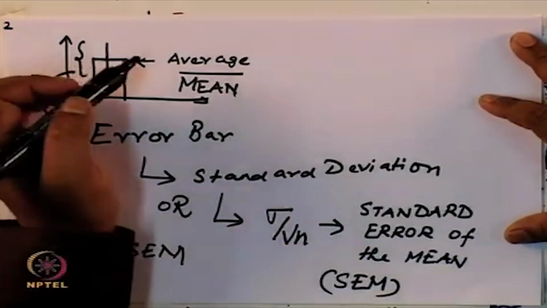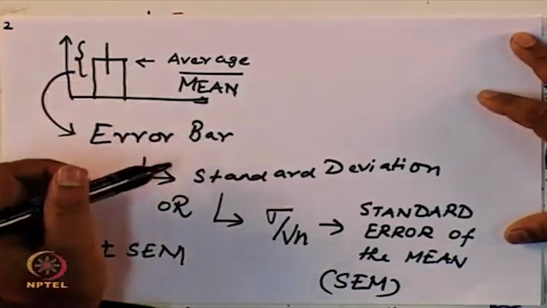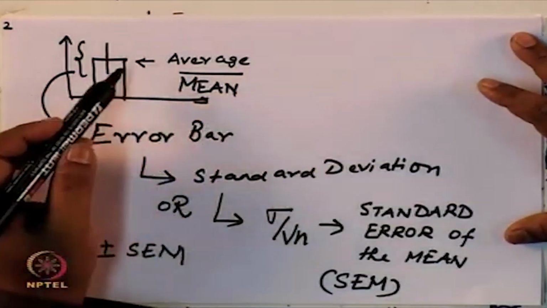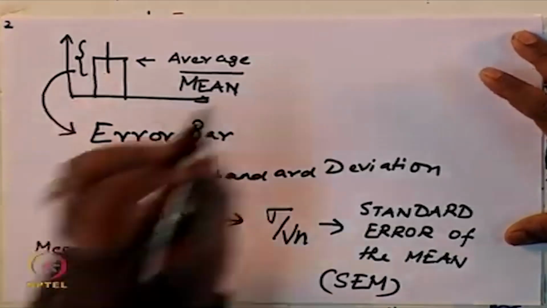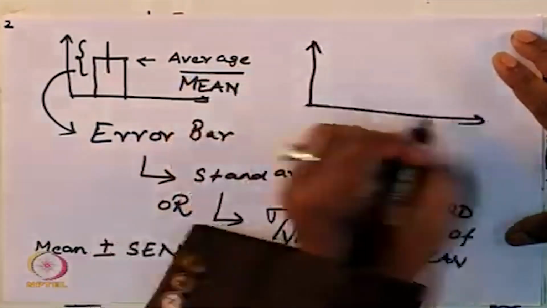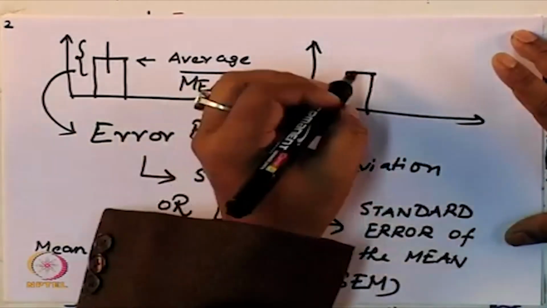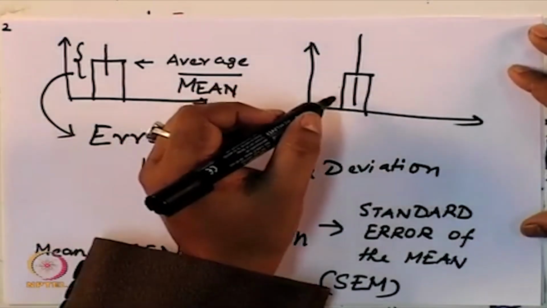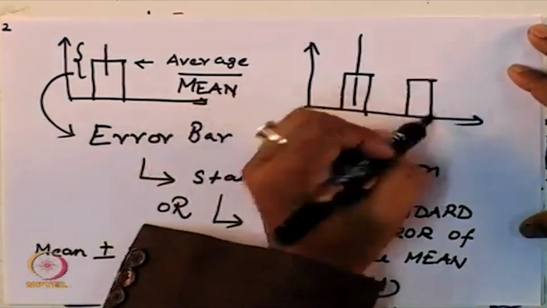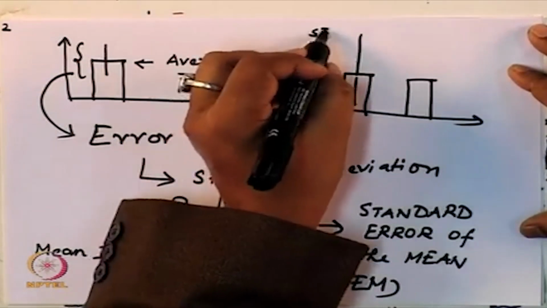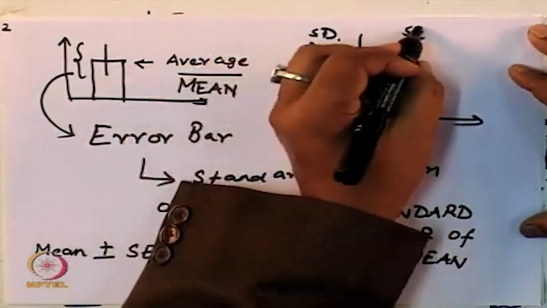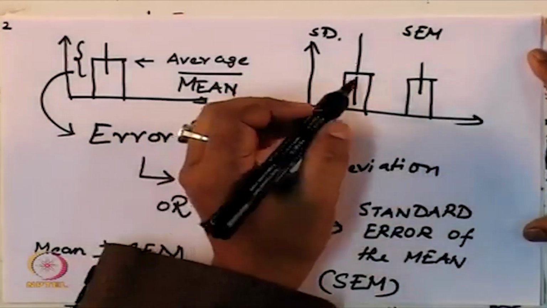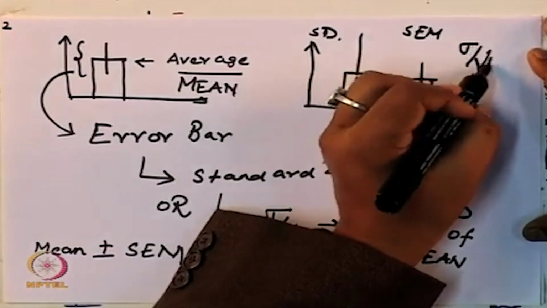If your sample size is small, then your standard deviation is going to be significantly higher. For the same data, if this is your mean and this is your standard deviation, the representation does not look nice. But if you plot the same data with the standard error of the mean, you will see it is significantly smaller, because the standard error of the mean is sigma by root n.